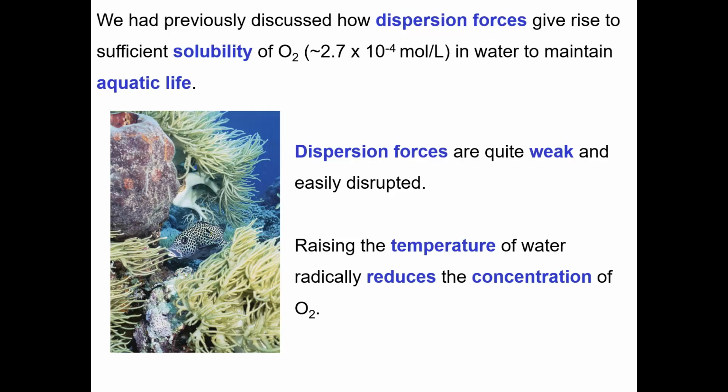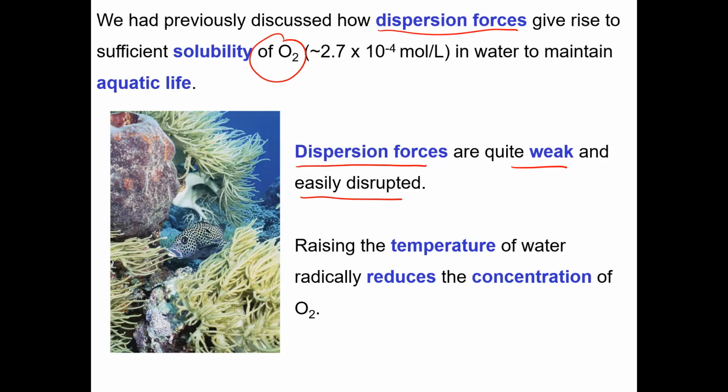Previously, we talked about the role of dispersion forces in aiding the solubility of oxygen in water. It's important to realize that dispersion forces are quite weak and are easily disrupted.